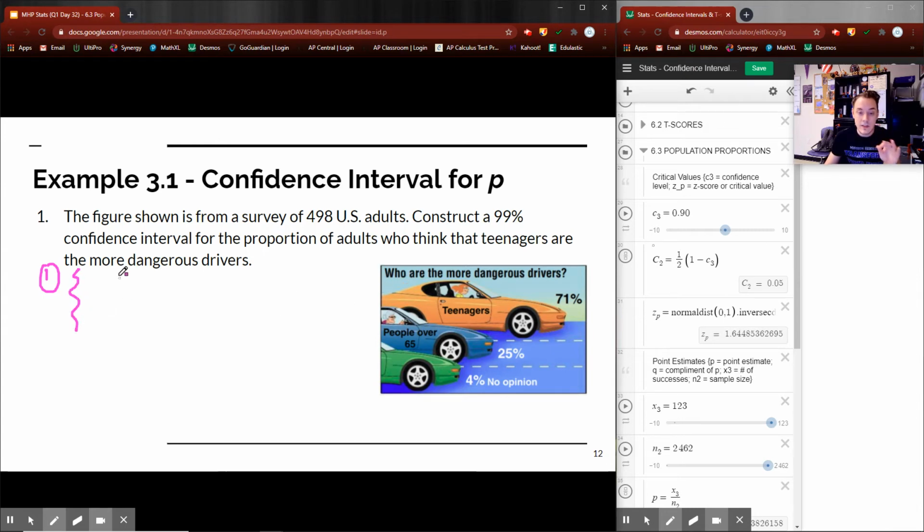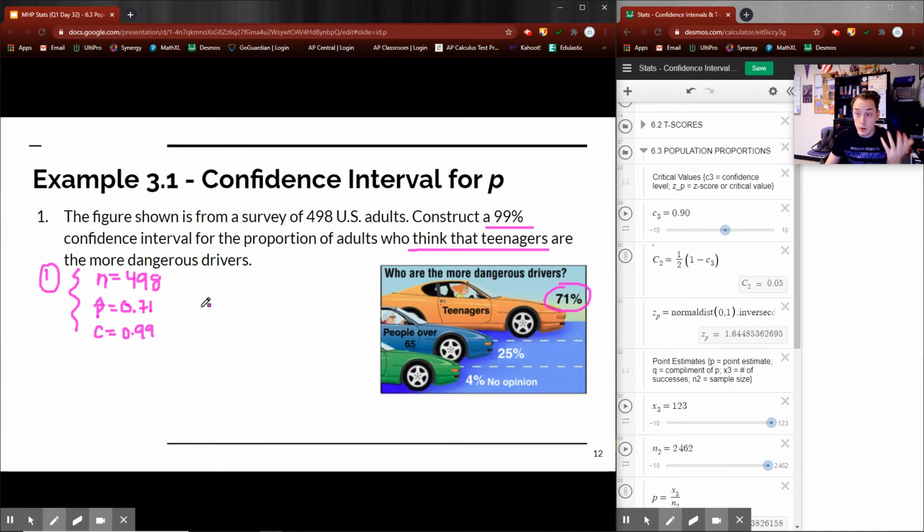So let's just find the x value here. But before I do any of that, my n is going to be 498. My p hat, they do tell me, is about the teenagers, and this is the probability of success. So it's actually 0.71. My c value is 0.99 because we want to construct a 99% confidence interval.